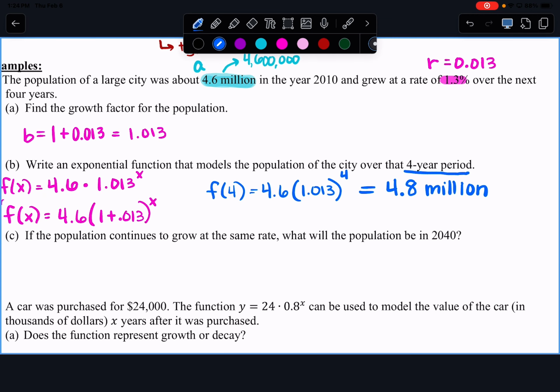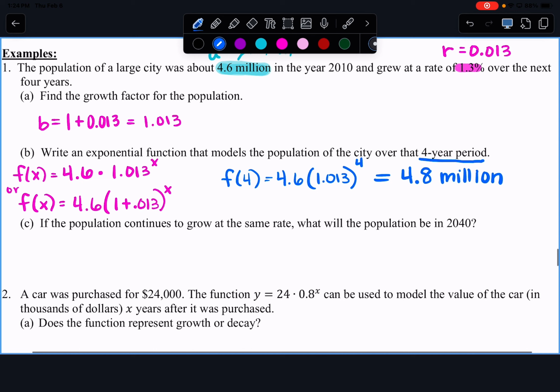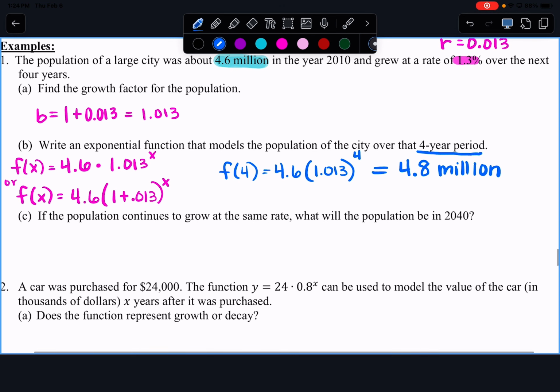So that's the population after 4 years. Now C says the population continues to grow at the same rate. What will the population be in 2040? How many years forward in that question is that? 30, because it goes from 2010 to 2040. So what are we going to do now?